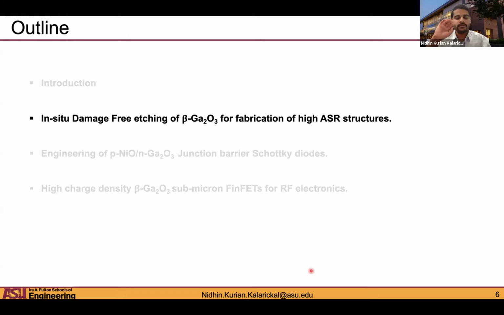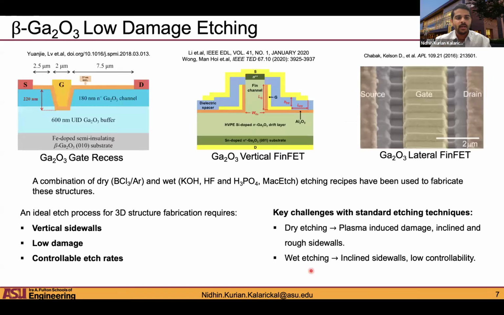Okay. So let me move on to my first topic today, which is this new method of in situ damage-free etching of gallium oxide. Why would you need low damage or damage-free etching? Well, you really require that for fabrication of devices, right? There are a number of device structures.